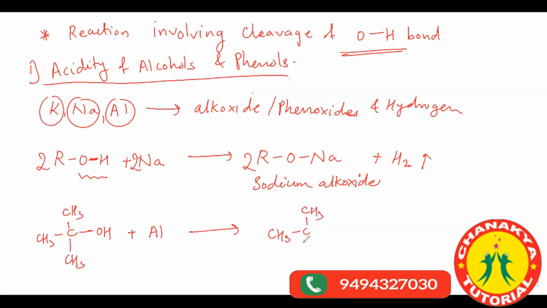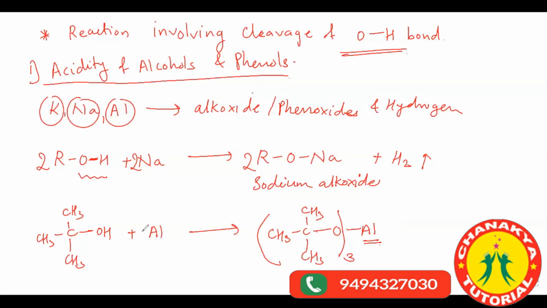You will get aluminium tertiary butoxide. But then you have to balance the reaction. The O will go with Al. What is the valency of aluminium? 3, correct? So we'll have 3 molecules of these tertiary butoxide.